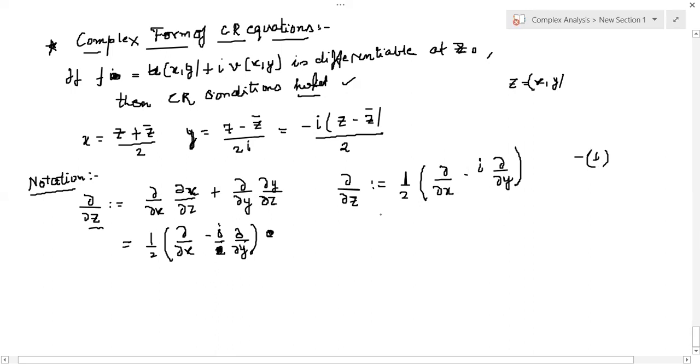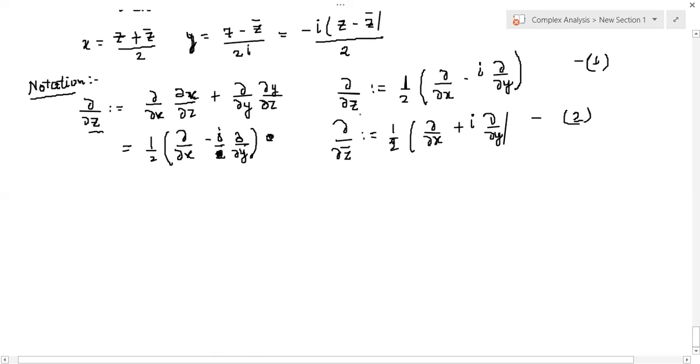And if I use del by del z bar, it will be equal to 1 upon 2, again simply del by del x, and here I will get plus iota del by del y. I think this is quite evident, so I'm not doing it for you. I hope you'll be able to do it. Now, having introduced both of these differential operators, what would be f z?